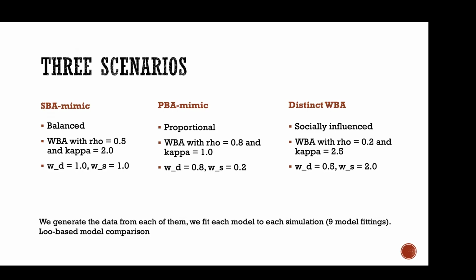The PBA mimic: we run the simulation from the weighted Bayes, but in a way that the parameter values, the weights, could not be expressed by the simple Bayes, but could be expressed by the proportional Bayes. They're unbalanced, so it cannot be SBA, but they sum up to 1, so it can be the PBA. Or an actual WBA, in which they're neither 1 nor do they sum up to 1, so it cannot be generated by the others.